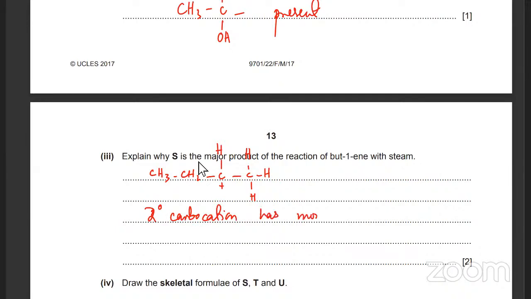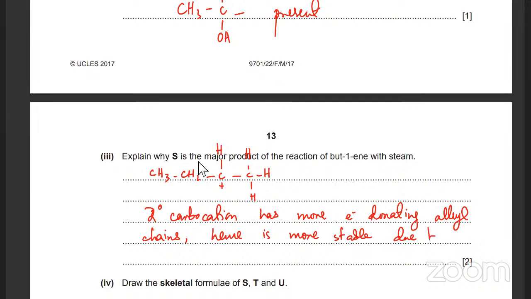Has more electron donating alkyl chains. Hence is more stable. Due to lesser charge density.